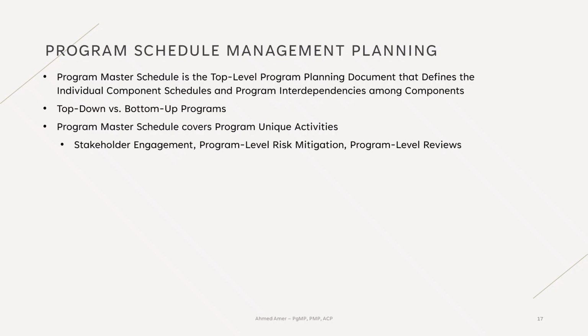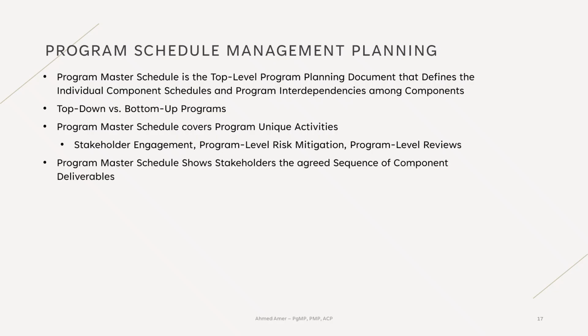As component schedules are developed, the program master schedule is updated with more detailed intermediate results. The program master schedule shows the agreed sequence of component deliverables, helping plan component work and expected benefits. It gives stakeholders a clear view of how the program will be delivered throughout its life cycle.